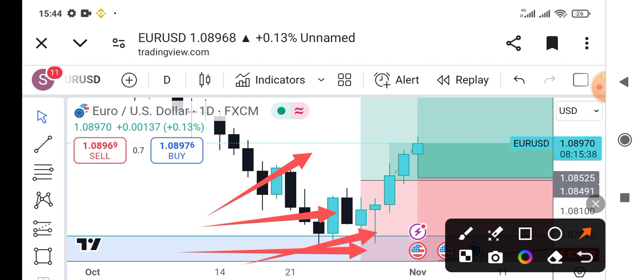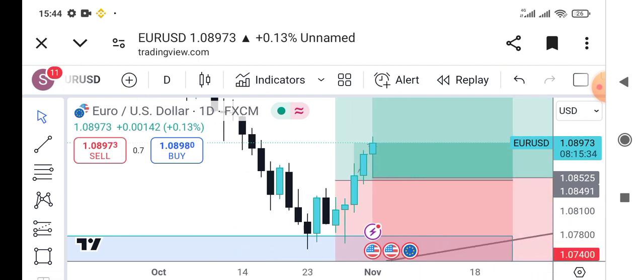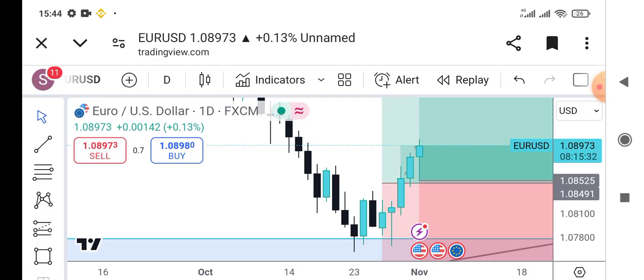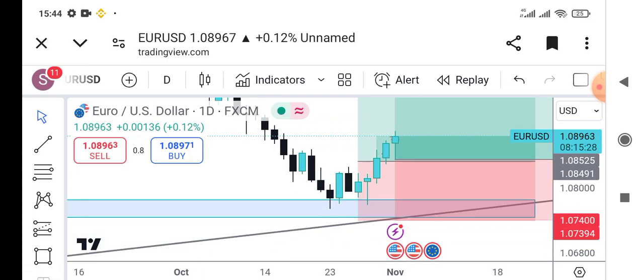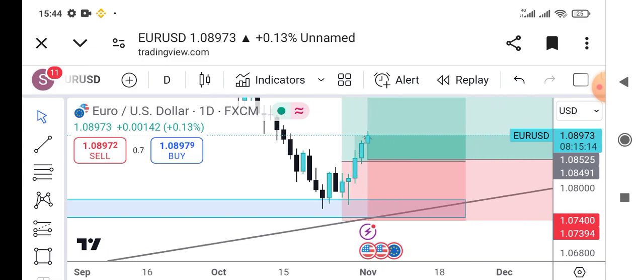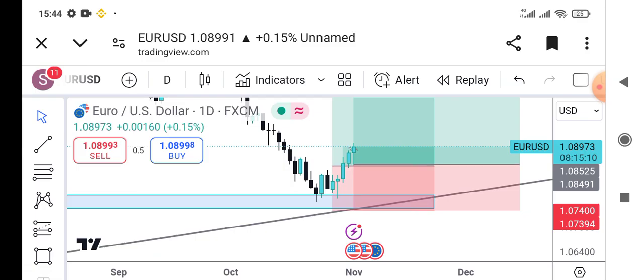So trading is not that difficult. Just take your time, learn very well. You can see even the area where I've placed our stop loss. It is really very, very safe.